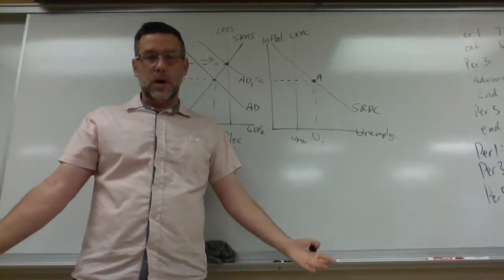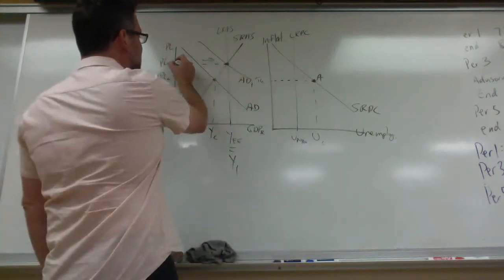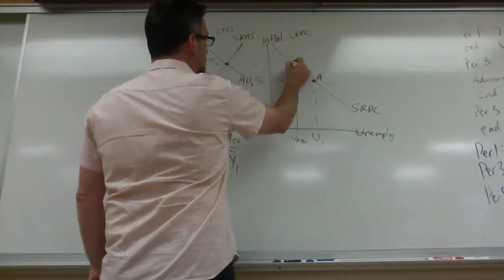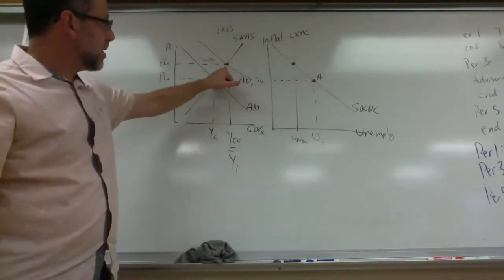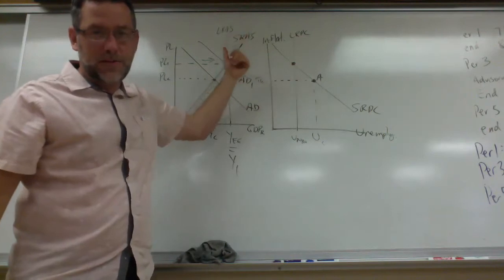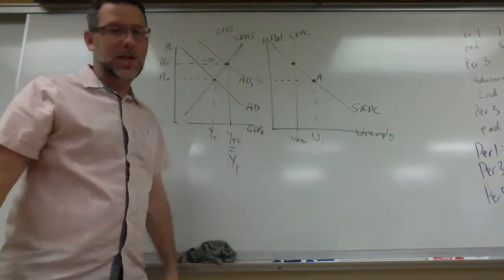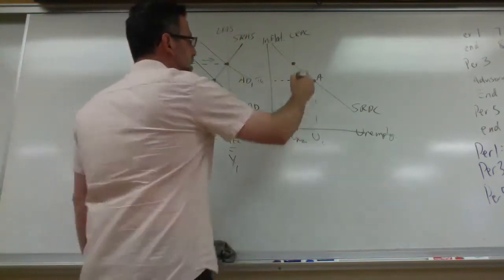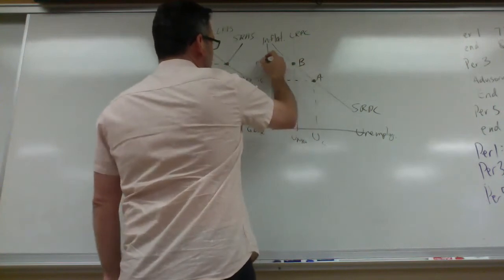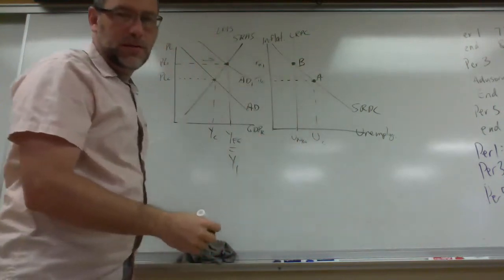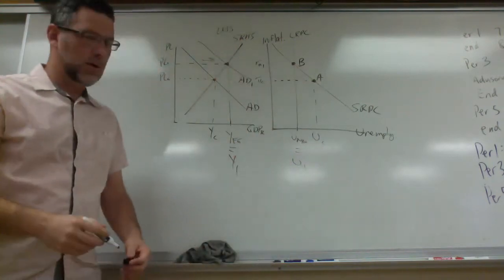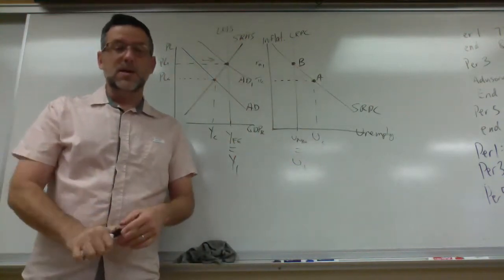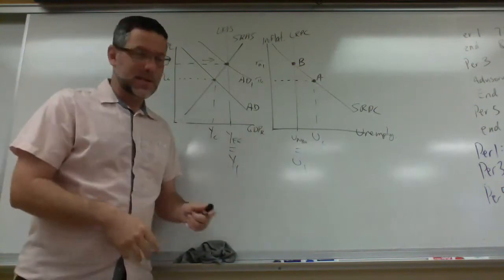Where does my move go to? Well, the y's still line up. So there you go. Notice that I'm at full employment on this graph, and I'm at full employment on this graph. They mirror each other. They match. That's exactly what we want right there. We'll label this point B. We'll label that my new inflation level, my new unemployment level. There you go. So that's how you do the side-by-side graphs.